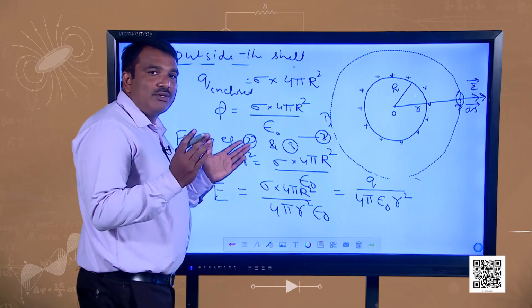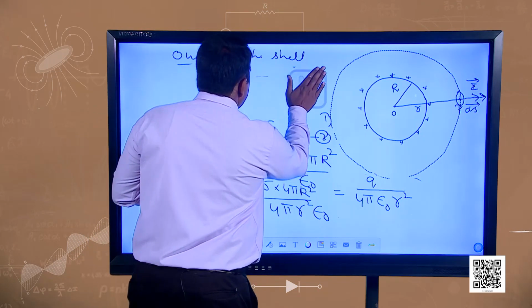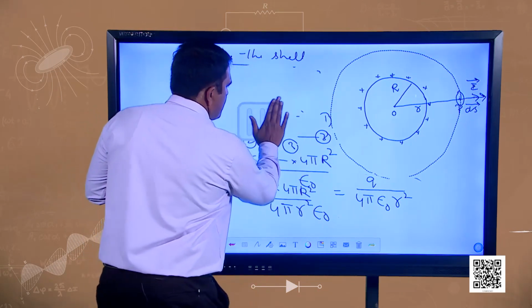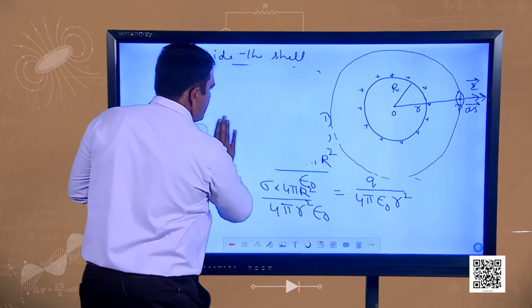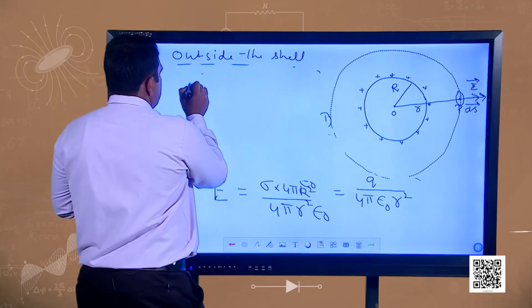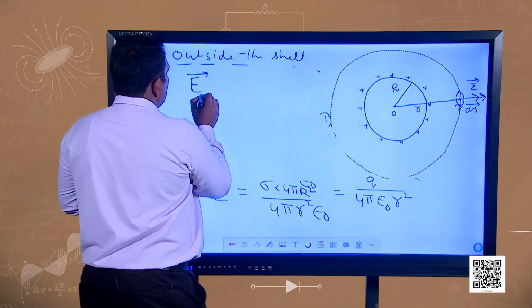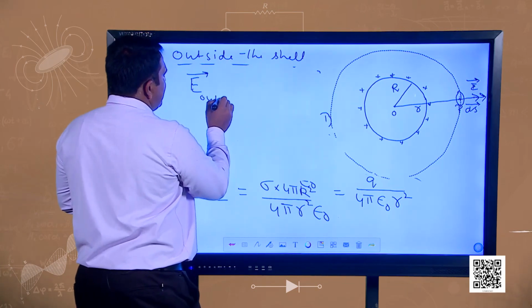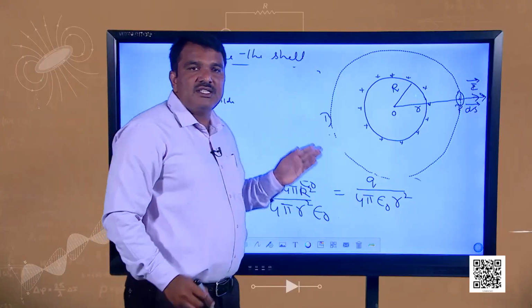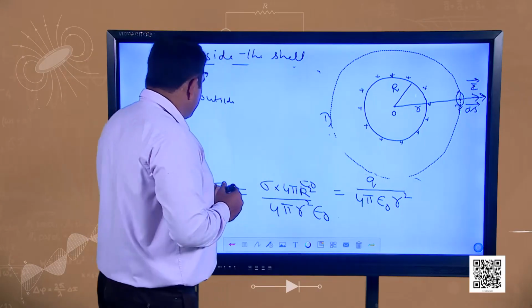Now vectorially you can write it as, in vector form, electric field at any point outside, you can write it E outside. Suppose this is the electric field at any point which is lying outside the cell.